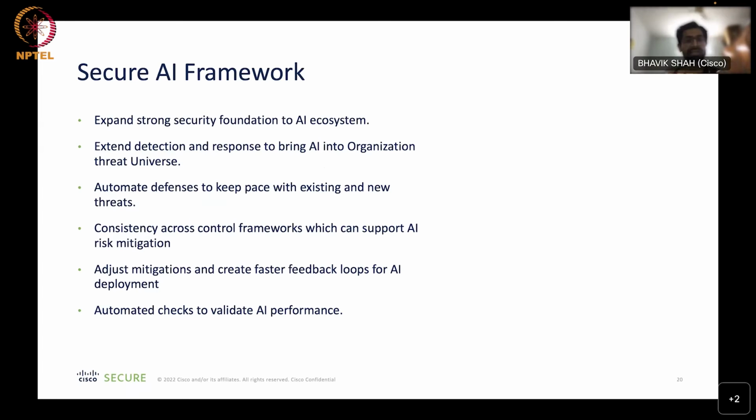That's what we say: extend detection and response to bring AI into the threat universe. All the organizations, like Google or Cisco or different OEM vendors, have their dedicated threat research team. It looks for all the samples which are available on the internet, tries to build a pattern, and then alerts you that, hey, if you see this file sample, or this hash value, it looks to be malicious.